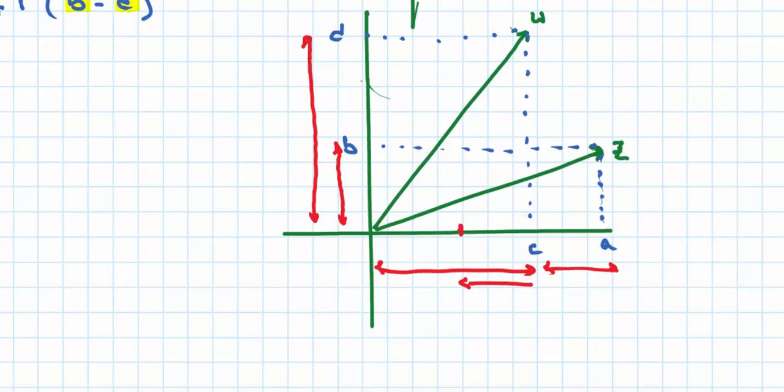So starting from where my B is, I am going to subtract D amount. So I would expect to be somewhere around here. So my resultant vector is down here. Now you can see, as we talked about in class, it's the same vector as up the top joining W to Z.